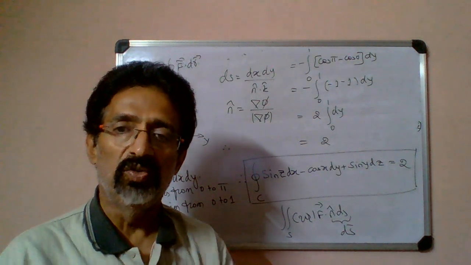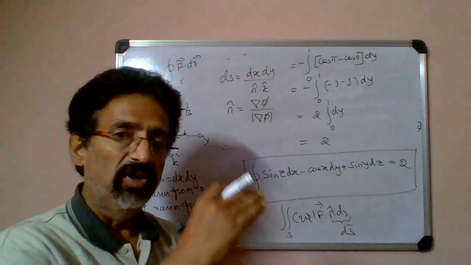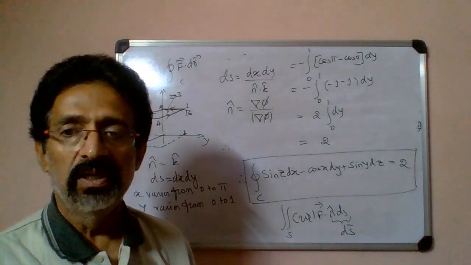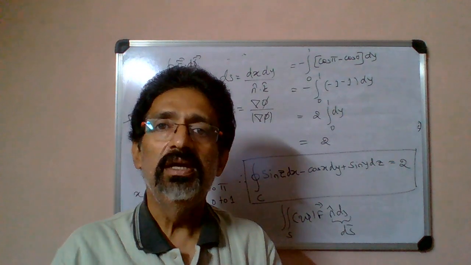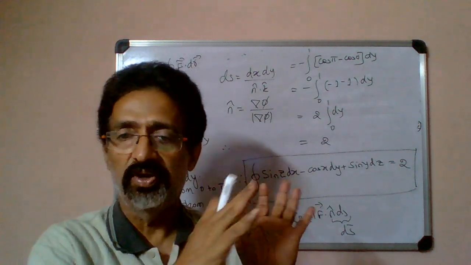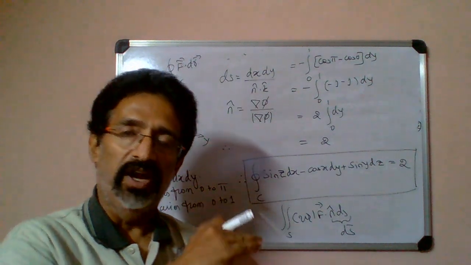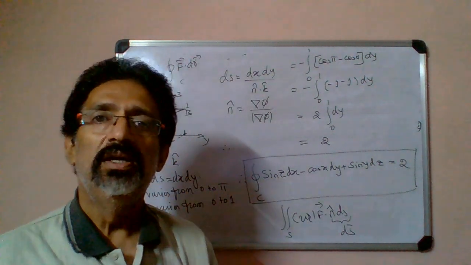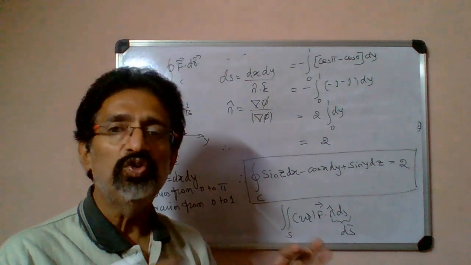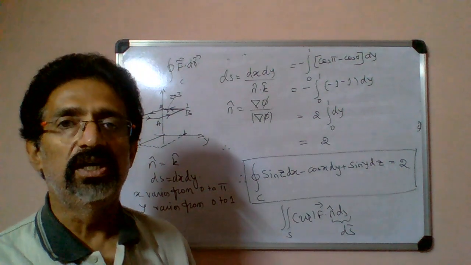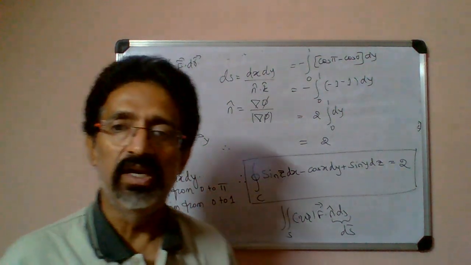You are using Stokes theorem to convert a line integral to a double integral and evaluating it. Instead, suppose it is asked to verify Stokes theorem; then I should find the line integral also, find the surface integral also, and match them. If they are equal, that indicates Stokes theorem is verified.